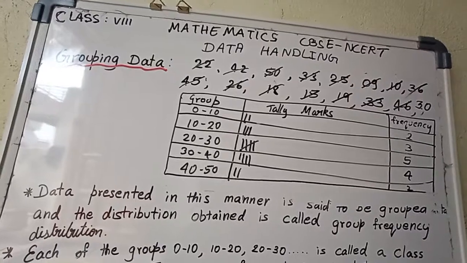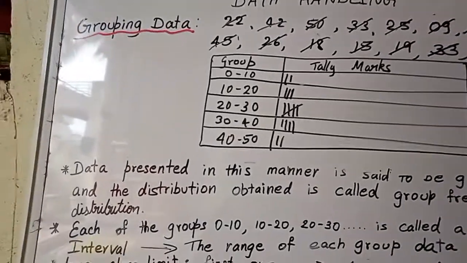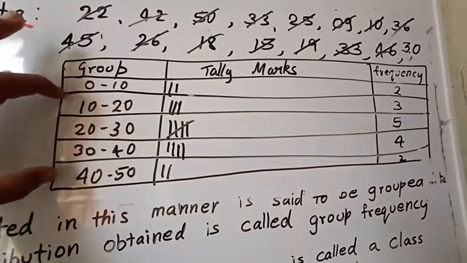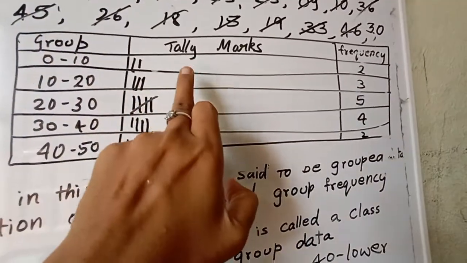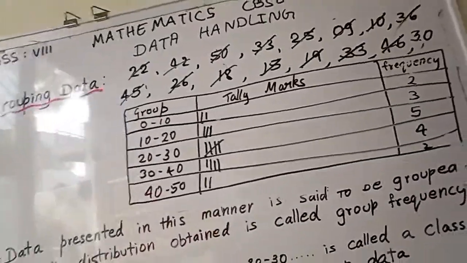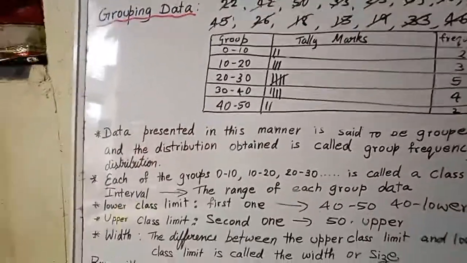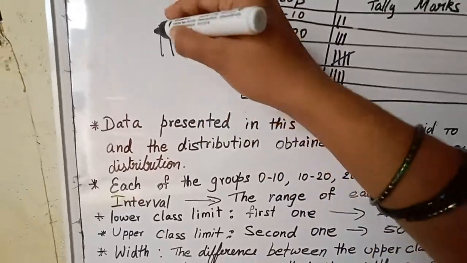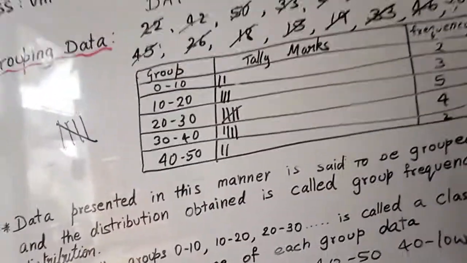Observe the tally marks. Even in lower classes you have already learned that tally marks mean how many times a value is repeated. 1, 2, 3, 4, and the fifth one must be slanting.